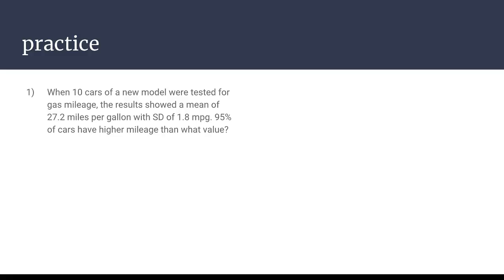And the standard deviation is 1.8 mpg. Is that going to be expressed by sigma sub x bar, or is it going to be expressed by s? So is this the sampling distribution's standard deviation, or is it the sample's standard deviation?